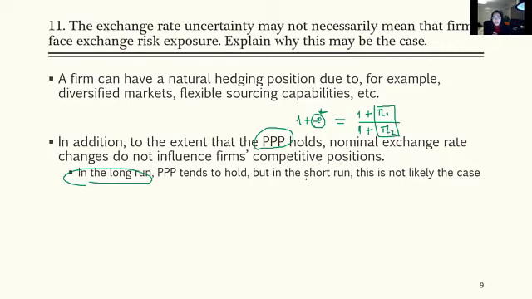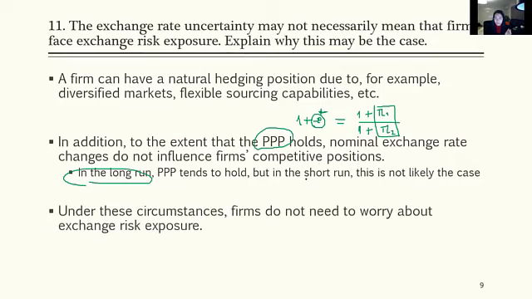And in this case, when there is a mismatch between the nominal exchange rate change and the inflation rates, then your competitive position will change, okay? So overall, under the two scenarios where number one, the firm has a natural hedge, or number two, purchasing power parity holds, the firm does not have to worry too much about exchange rate exposure, okay? Because any changes will be nominal and there's no impact on their competitive position.